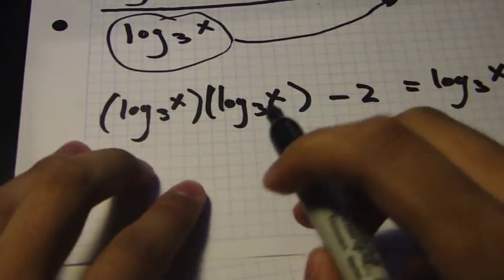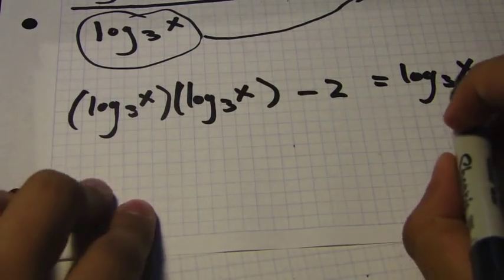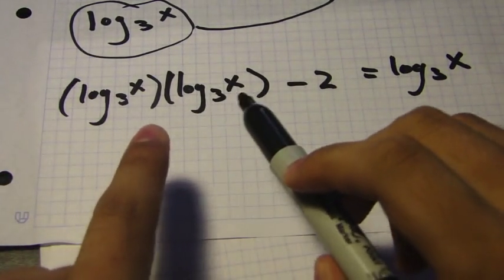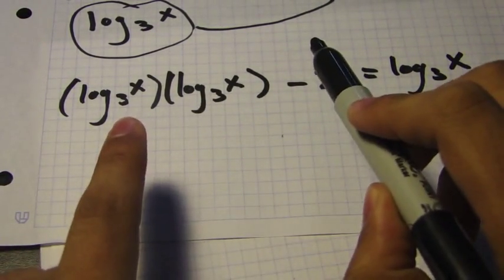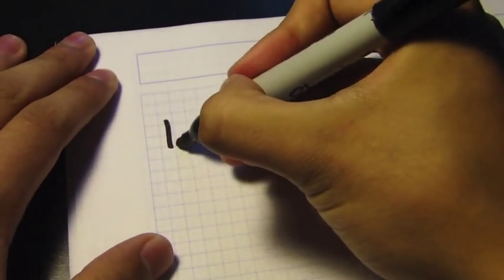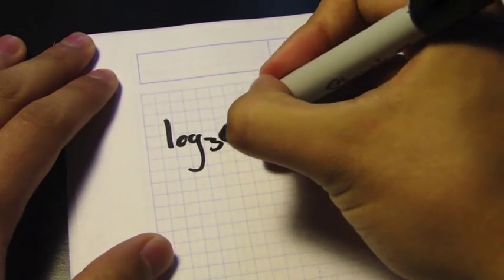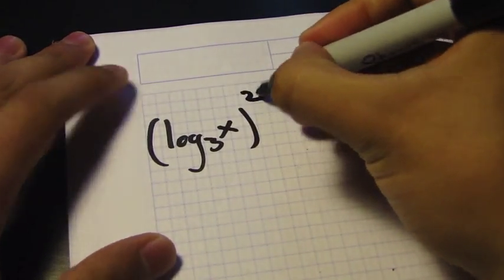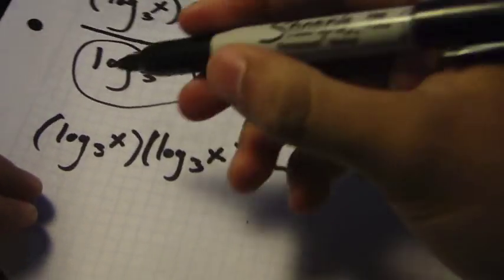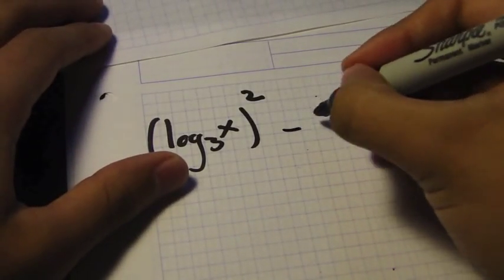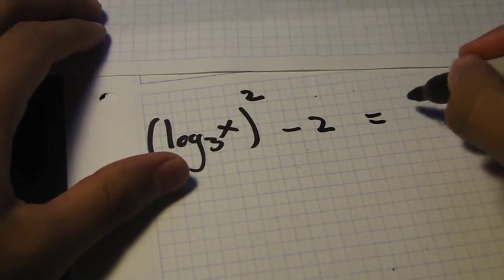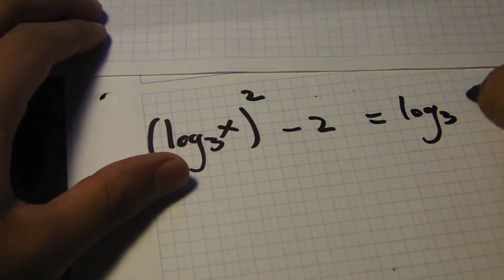So now that you have this formula here, this can be written as log base 3 of x bracket squared, because it's just the same thing here, minus 2 equals log base 3 of x.